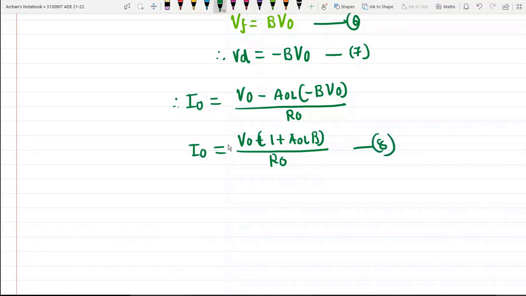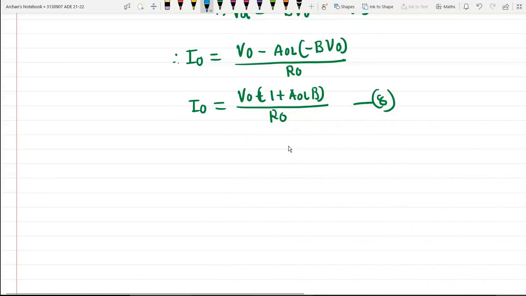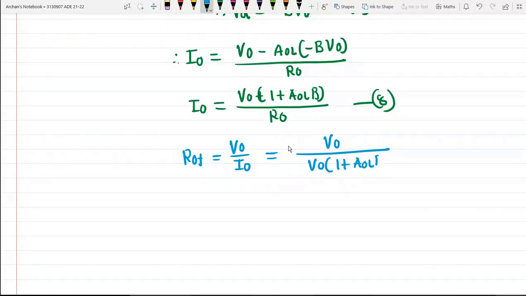Now what is our ROF? Output resistance with feedback is nothing but the ratio of V0 by I0. So put this value: V0 divided by V0 into (1 plus AOL times B) divided by R0. V0 will get cancelled out and we will get R0 divided by (1 plus AOL times B).